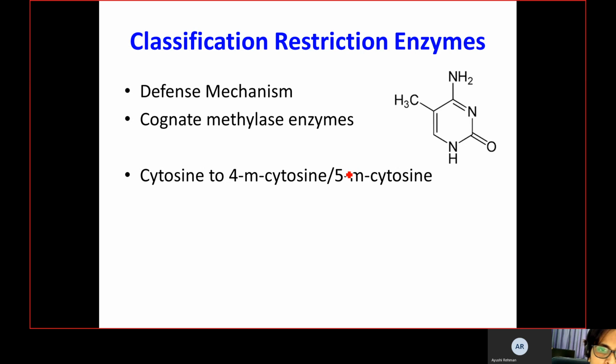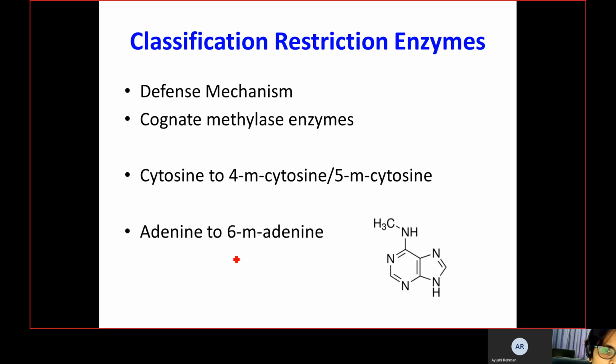Apart from cytosine, even adenine can be methylated at position number 6. When these bases are methylated, they cannot be cut by the restriction enzymes. So this is the basis on which their own DNA is protected against restriction enzymes.